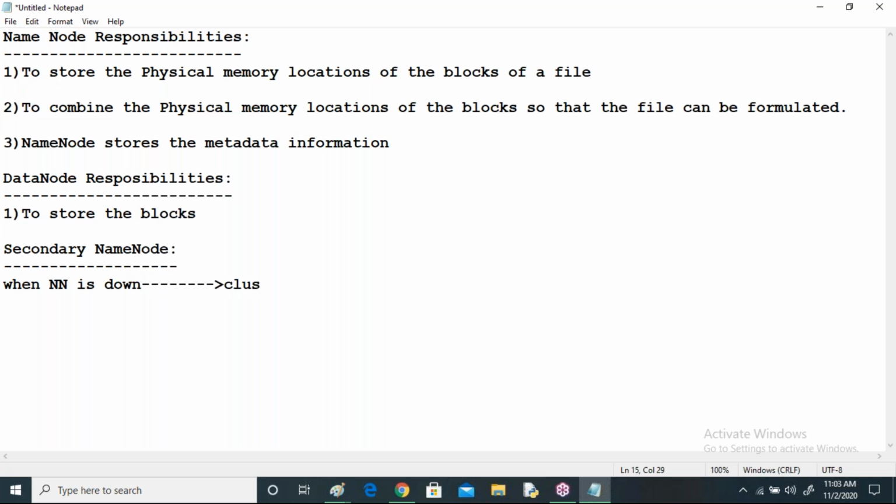The entire cluster will be in spectator mode. They cannot perform anything. No storage, no processing. If name node is down, everything is down. I'll say more in the coming session.